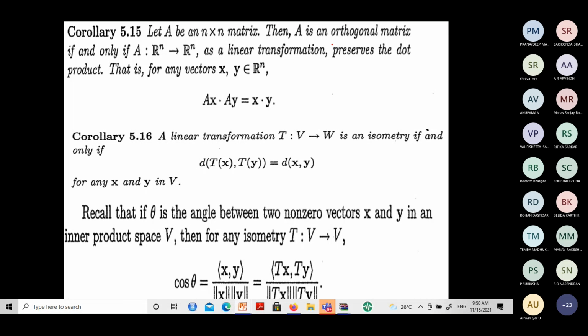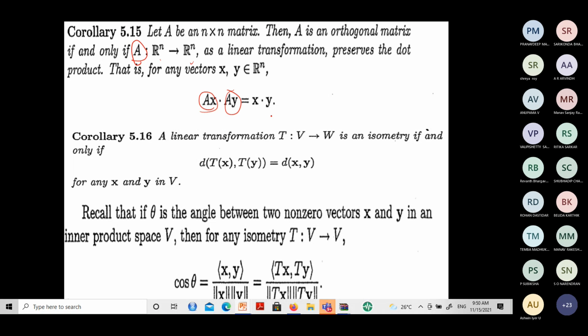Then A is an orthogonal matrix if and only if A, acting from R power n to R power n as a linear transformation, preserves the dot product. That is, Ax dot Ay will be equal to x dot y.